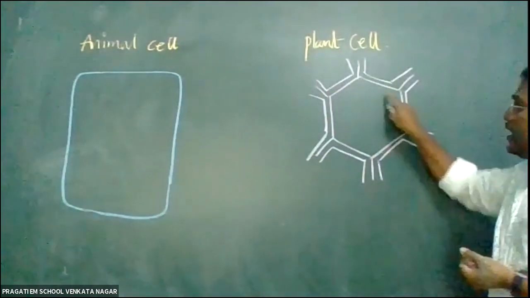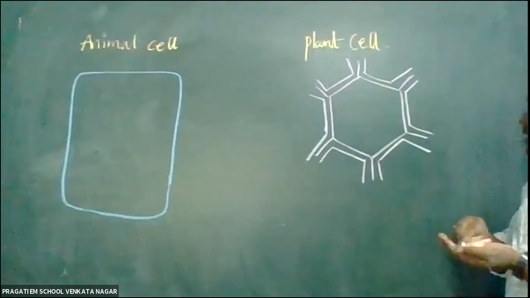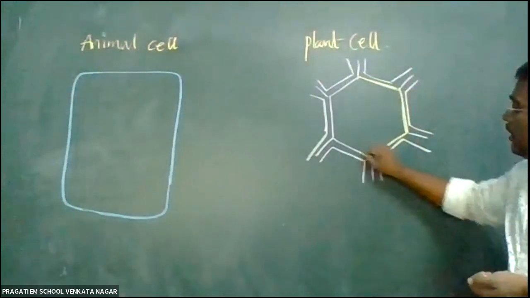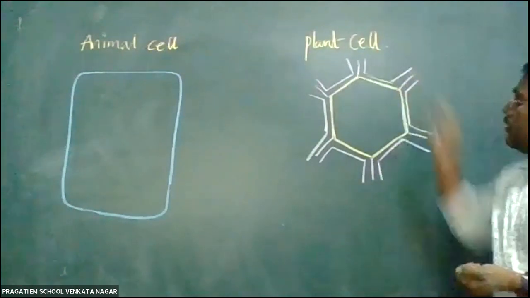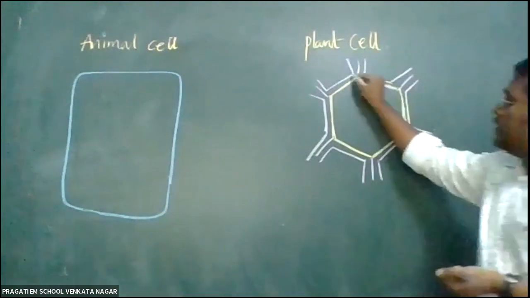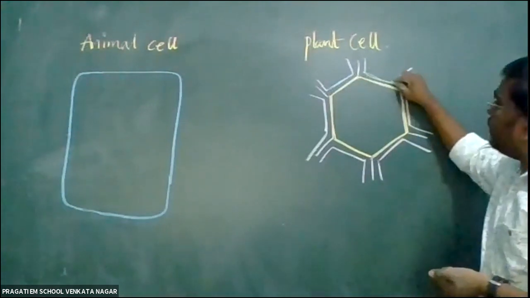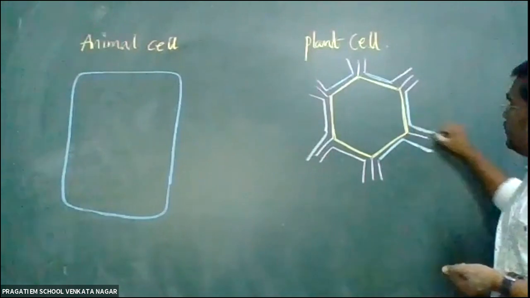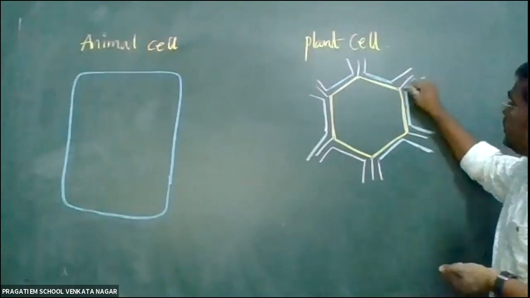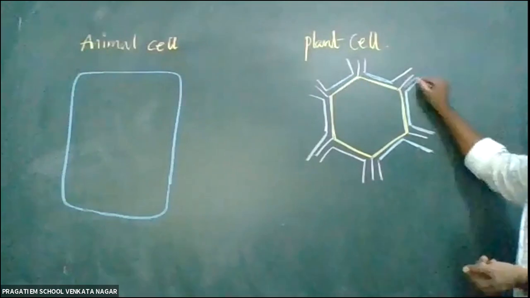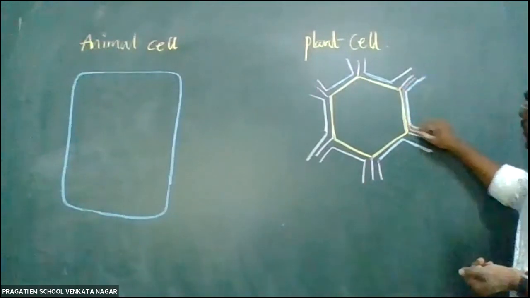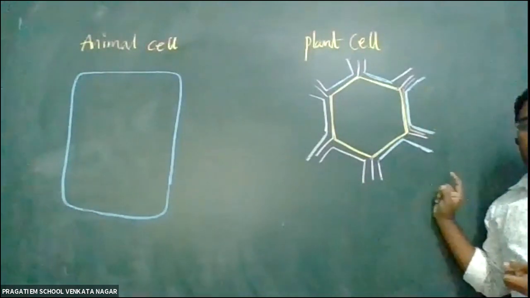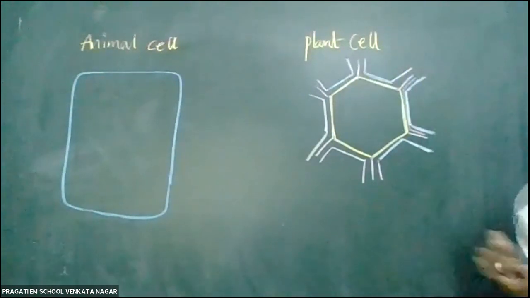Here, I am representing two membranes. See here, this is the inner membrane, and this is the outer membrane. So two membranes are present in the plant cell.